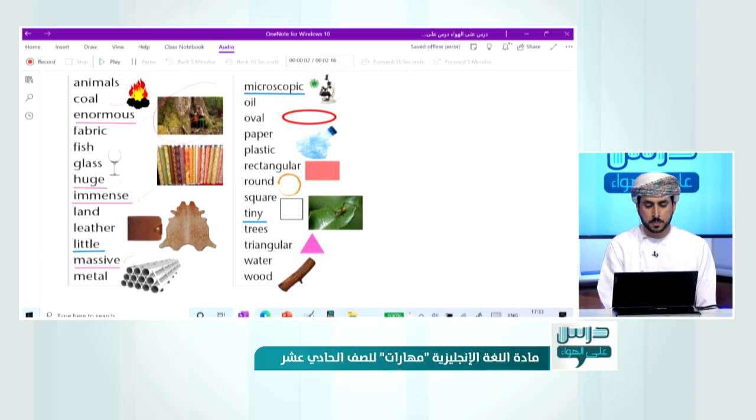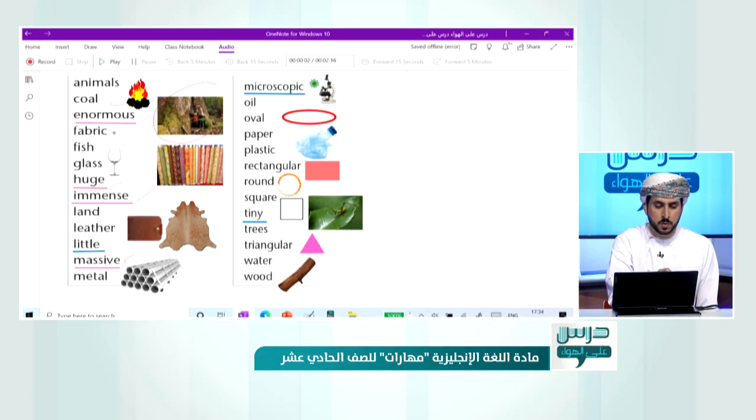We have two people here, and they look very small compared to the tree that they are standing next to. So we can say that this tree is enormous, a huge tree. Okay, so this is the meaning of these four words.